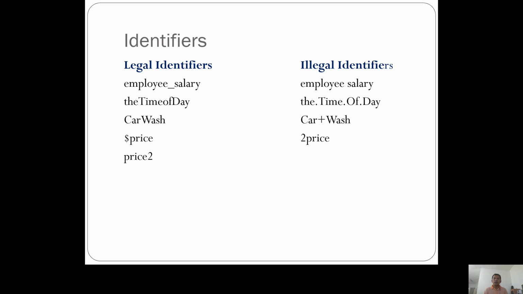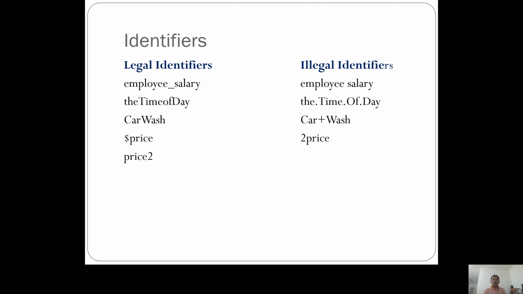Identifier names can only have any combination of letters, digits, underscores, or dollar signs. White spaces are not allowed. It cannot be a reserved keyword. Identifiers are case sensitive. For example, the identifier with capital letters NUMBER is not the same as the identifier number, which has small letters.